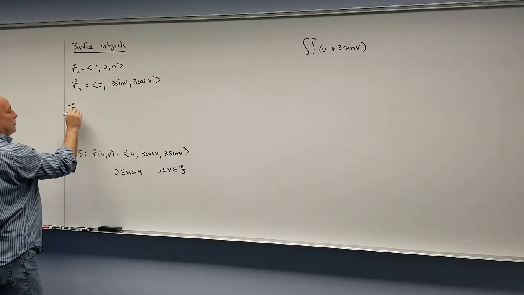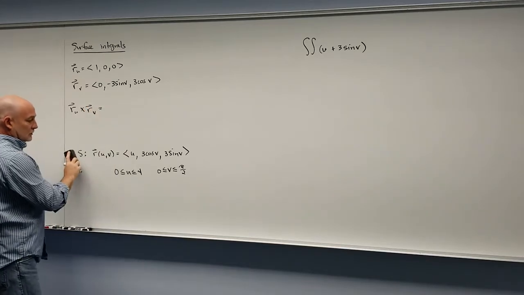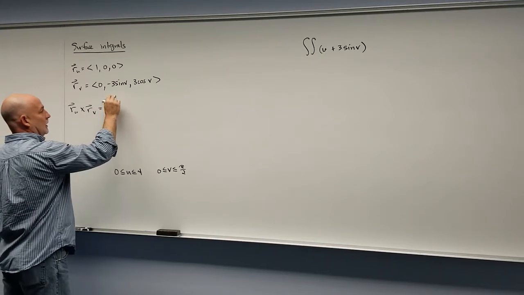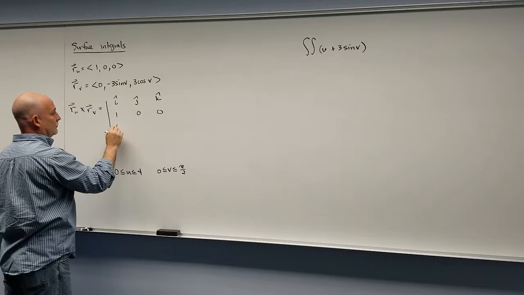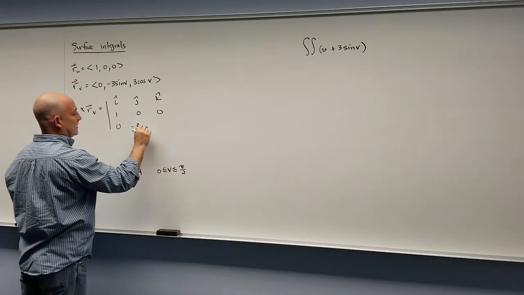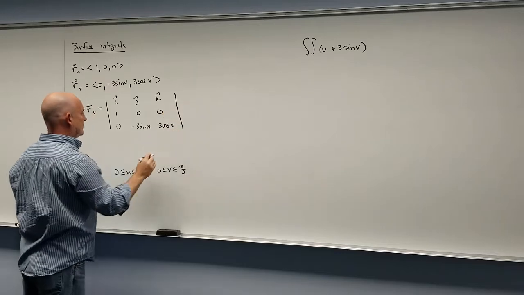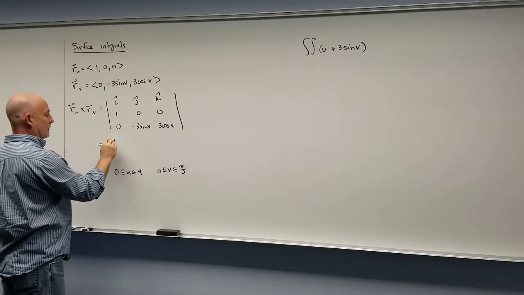So r sub u cross r sub v: i, j, k, 1, 0, 0, 0, negative 3 sine v, 3 cosine v. In the i direction, we get 0 and 0, so no i's.